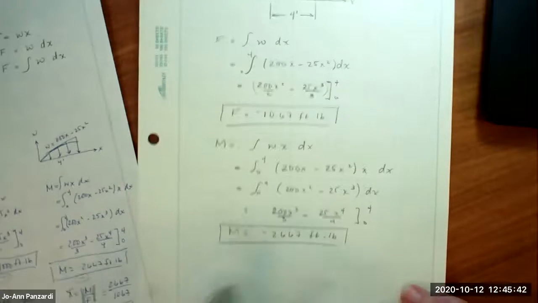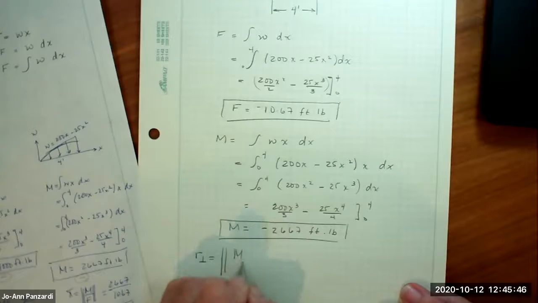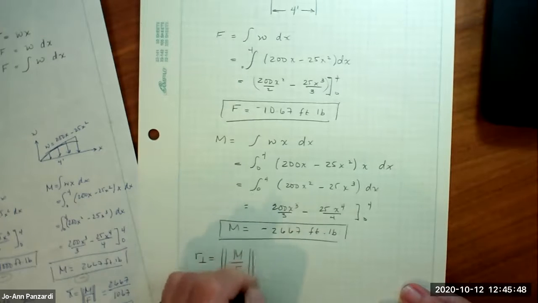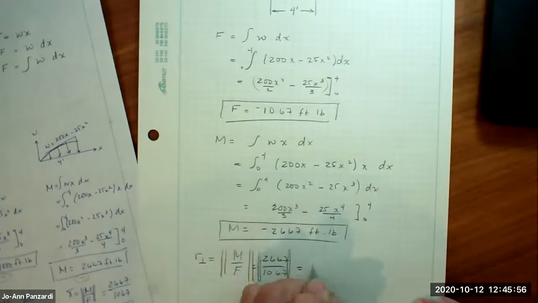And then I did the moment. So now the perpendicular distance is going to be equal to the moment divided by the force, which is 2,667 divided by 1067. And it turns out to be 2.5 feet is equal to our perpendicular distance.